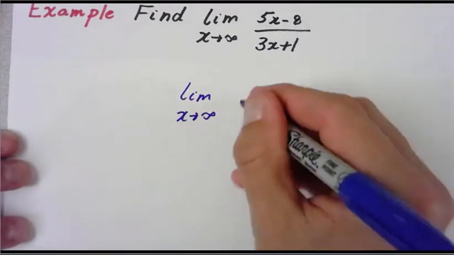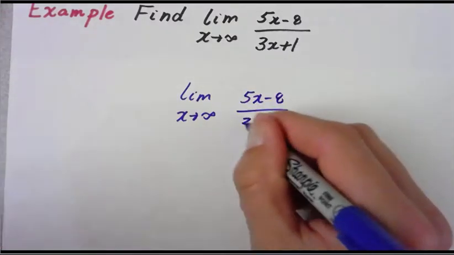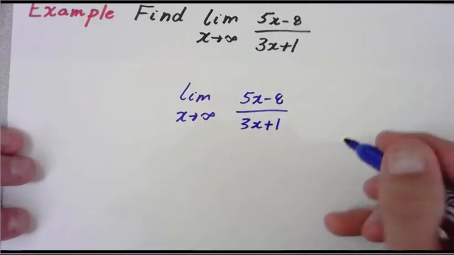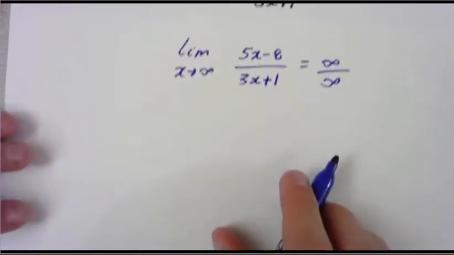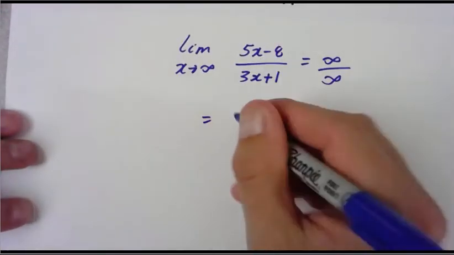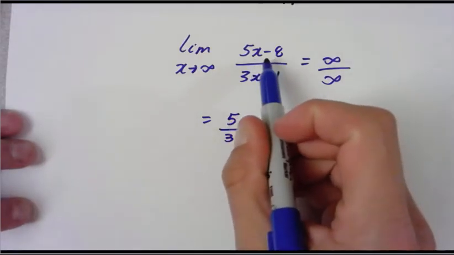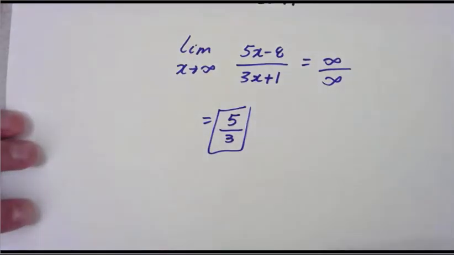So right now we're at infinity over infinity as x approaches infinity. So we go ahead and take the derivative of each separately, and I get 5 over 3, right? The derivative of a linear equation is a constant, and there's my limit using L'Hopital's rule.